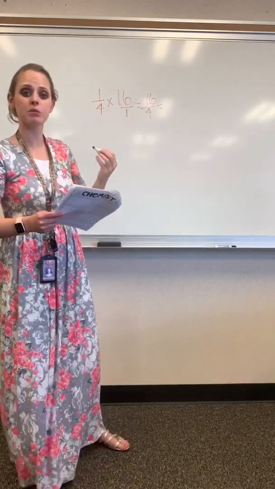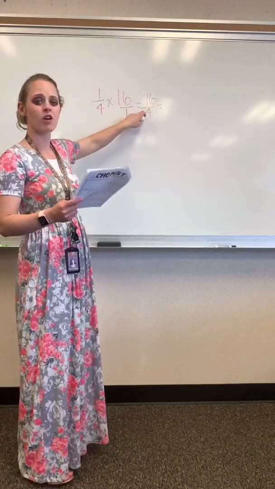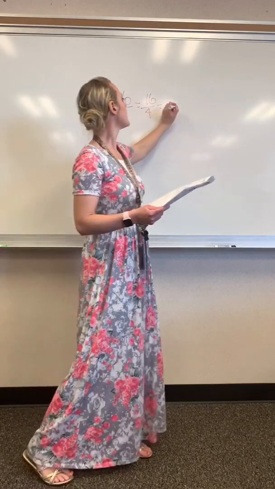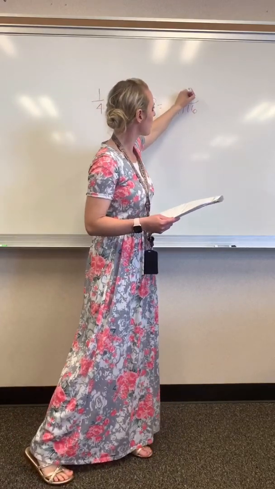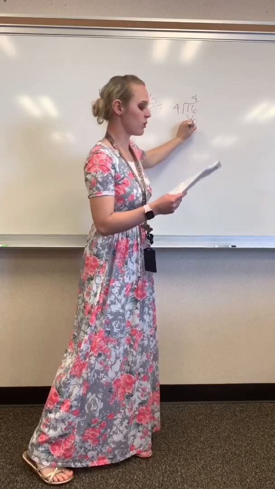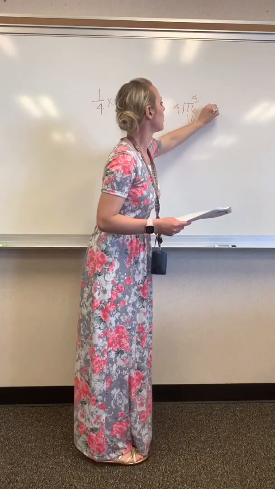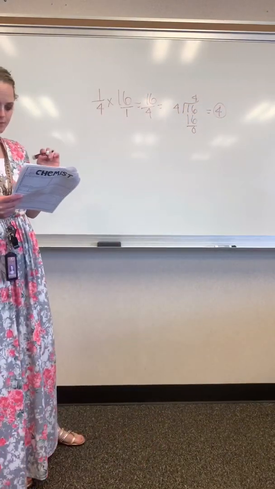Then we're going to simplify it, turn it into a proper fraction. Remember, our fraction sign is also a division sign. Okay, so we have 4 can go into 16 4 times. So our answer is going to be 4. Okay, make sure you're simplifying.